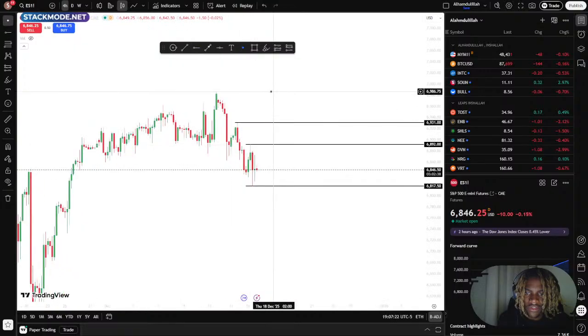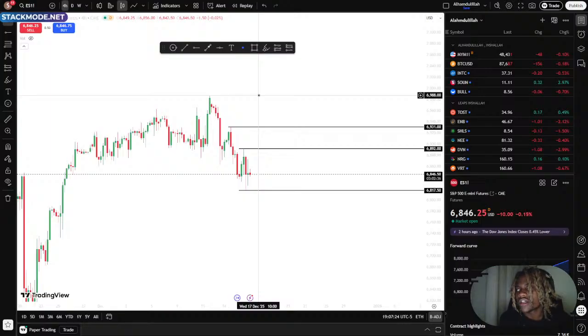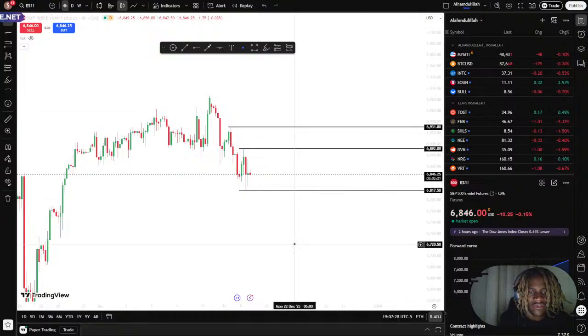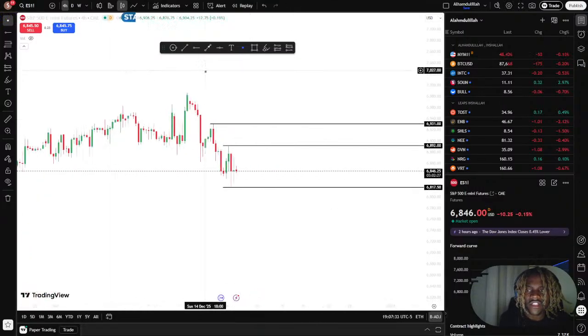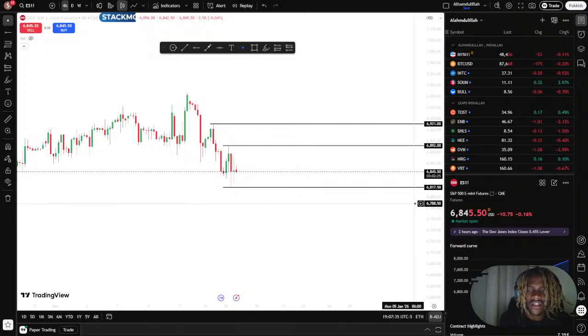So you want to mark out your setup first. Make sure you see your numbers to the right. Then from there, I would click buy. Let's just say, for instance, I wanted to take a long, and I thought price was going to close right here.